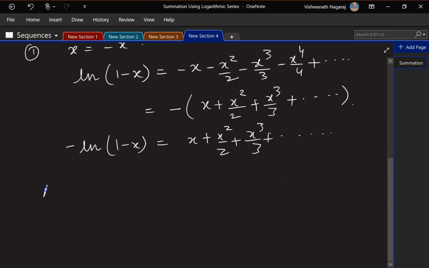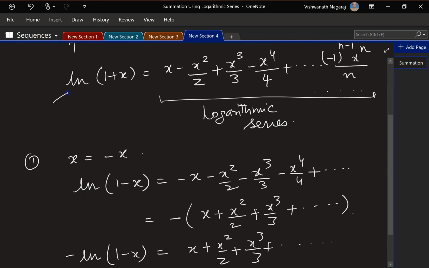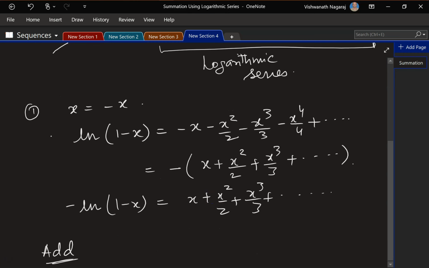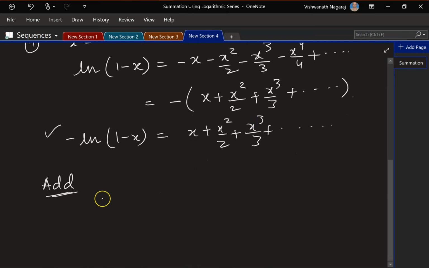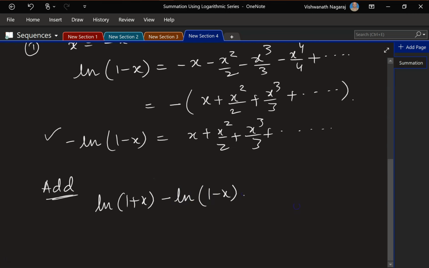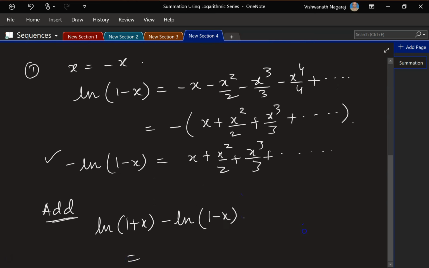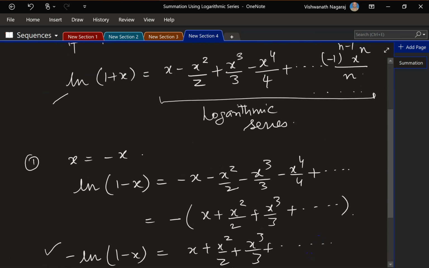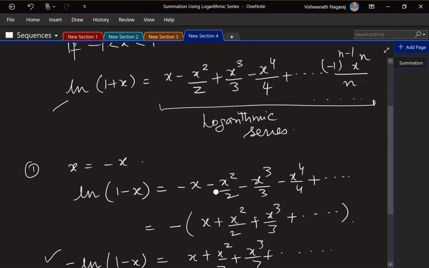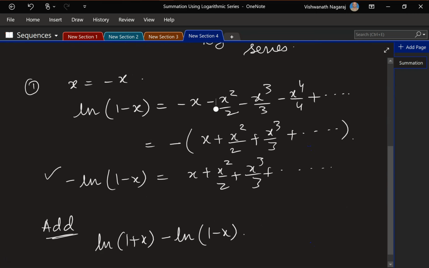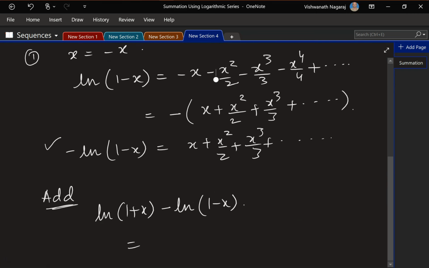Now let's add this and this. What do we get? Natural log of 1 plus x plus minus natural log of 1 minus x. So basically we are going to add the expansions. This x and this x will add up, whereas x square by 2 and x square by 2, there it is minus, here it is plus, so that will cancel out.